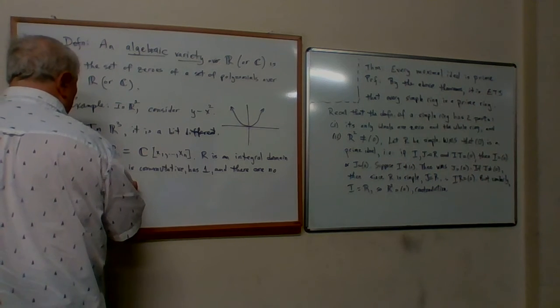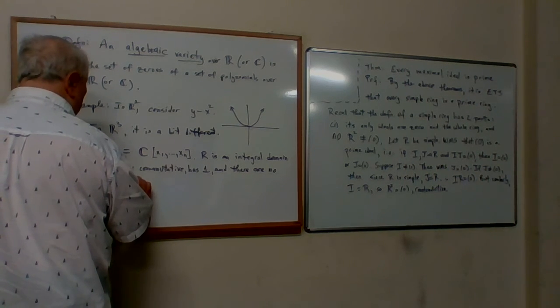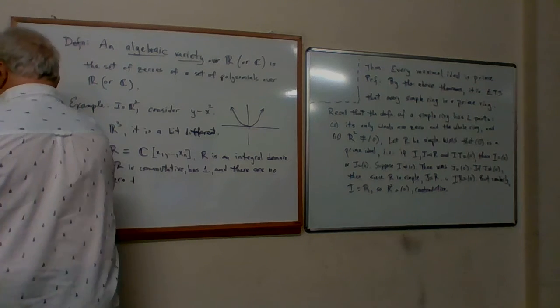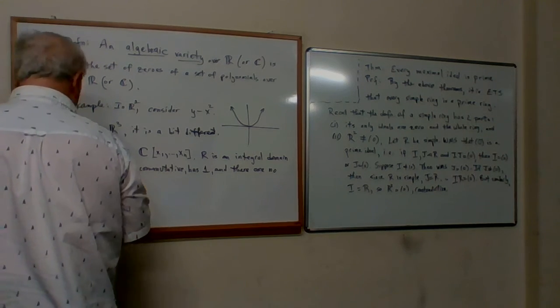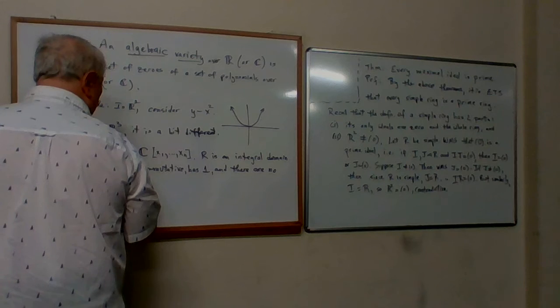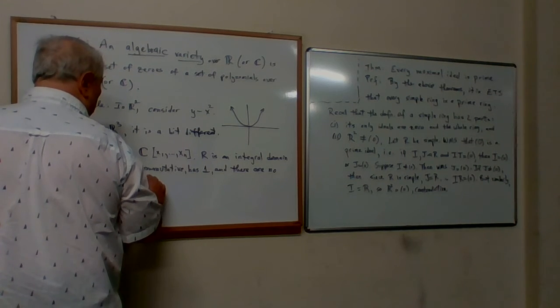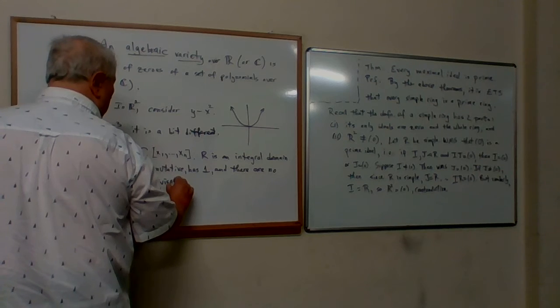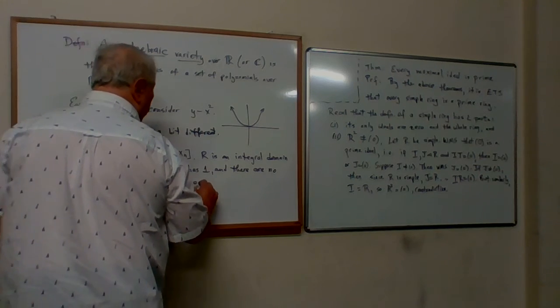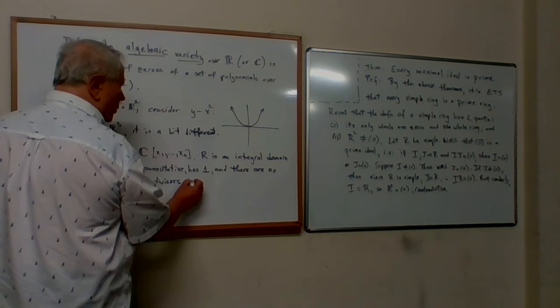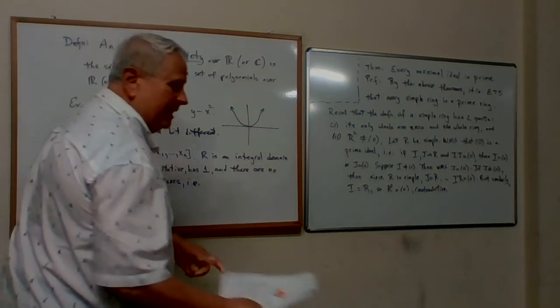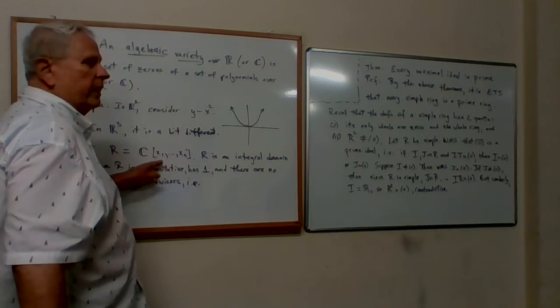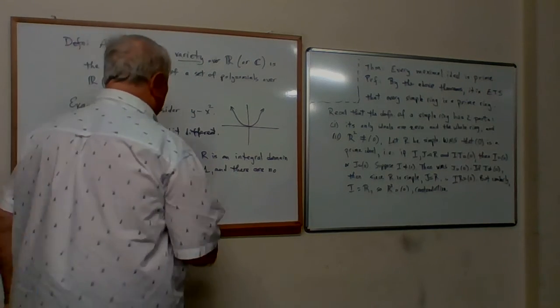I'll be precise about this. Now, what does it mean that there are no non-zero zero divisors? What is a typical element of this ring? It's a polynomial.